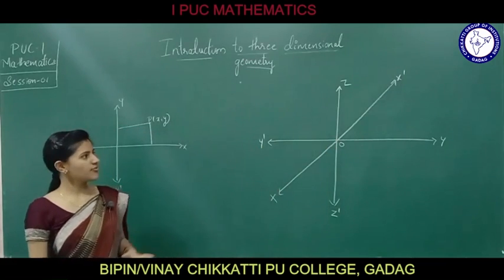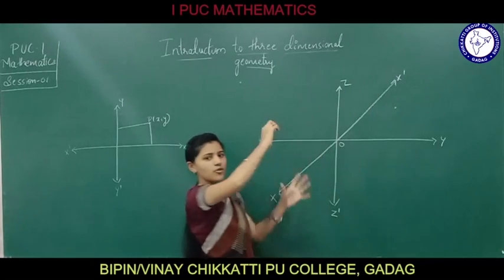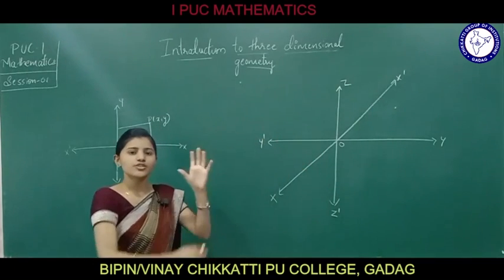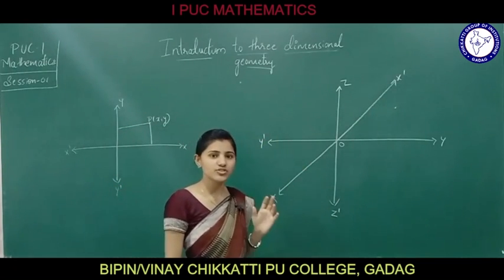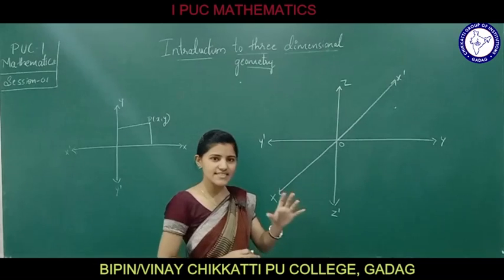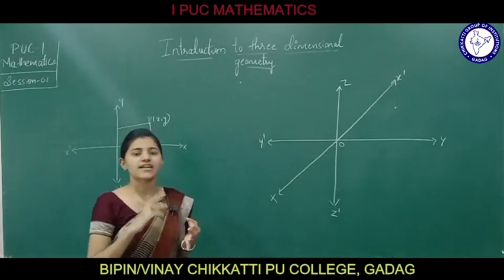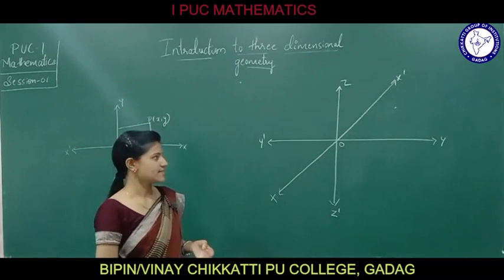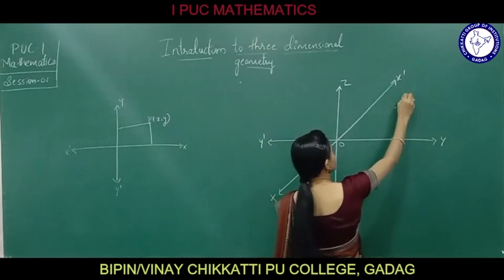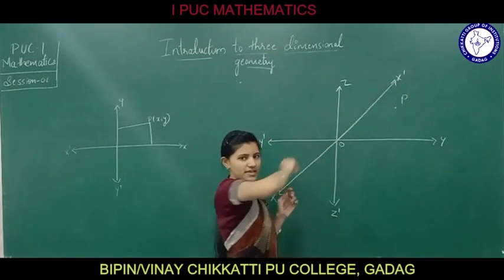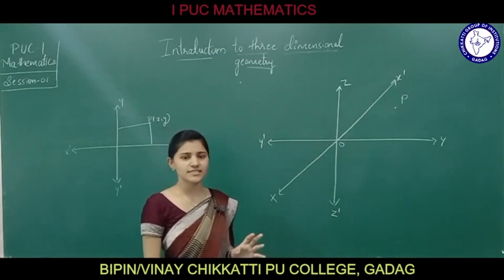If any point is in space, for example the ball lying here in space, you need to find where it is. For that we should find its distance from the x-axis, from the y-axis as well as from the z-axis. Suppose P is any point in space.